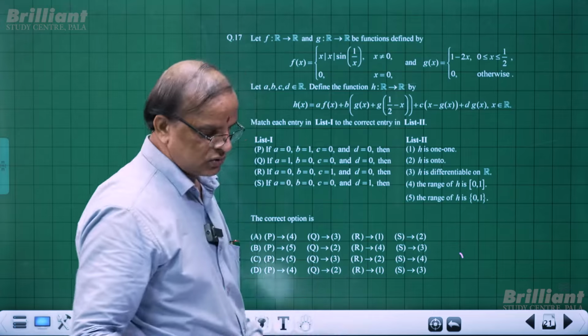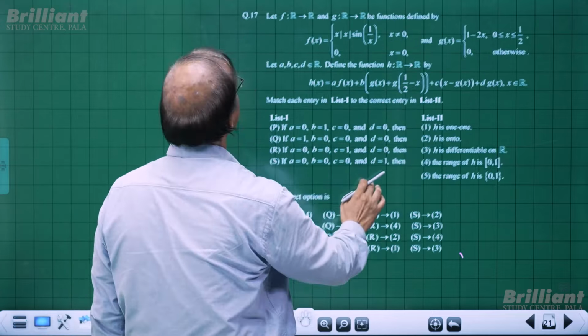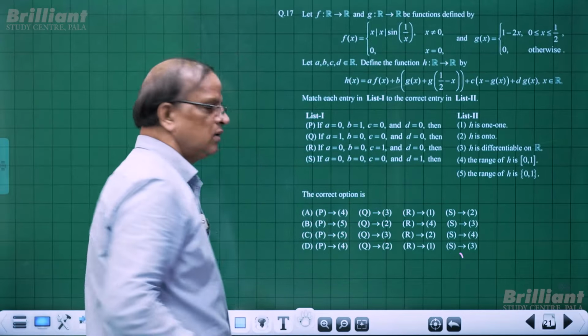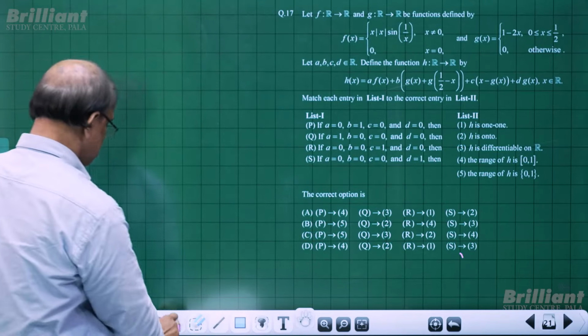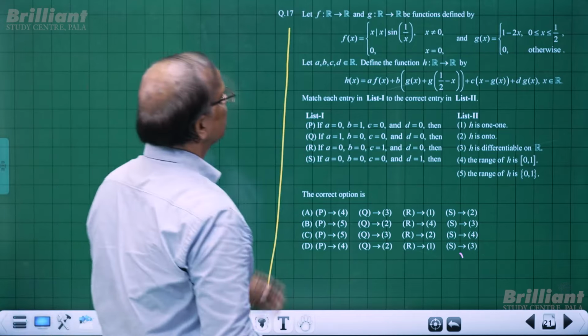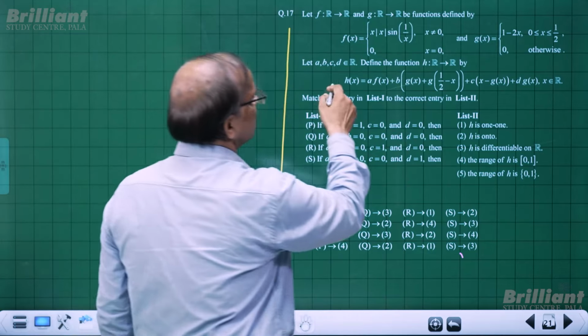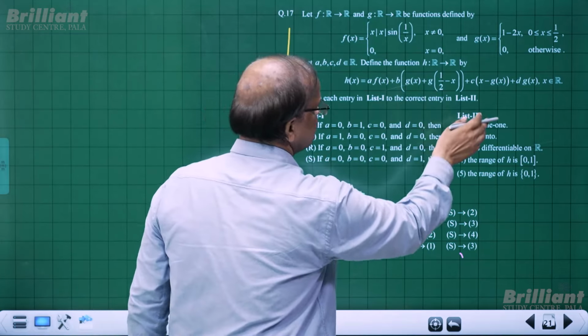Now, this question is also the same way. Here Fx is given, Gx is given, and H from R to R is defined like this.